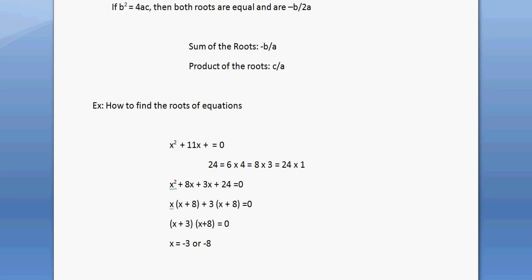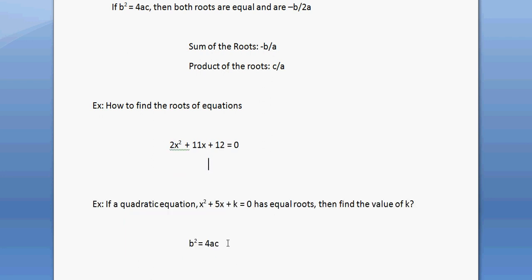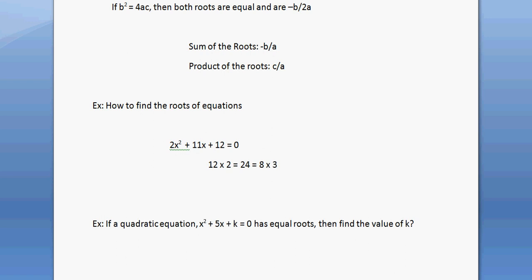Let's do another example. Had it been something like this, what do we do? Firstly, we don't just take 12, we take 12 into 2a as well, right, which is 24 again, and which again is equal to 8 into 3 to make it 11. We then write 8x plus 3x plus 12 is equal to 0.